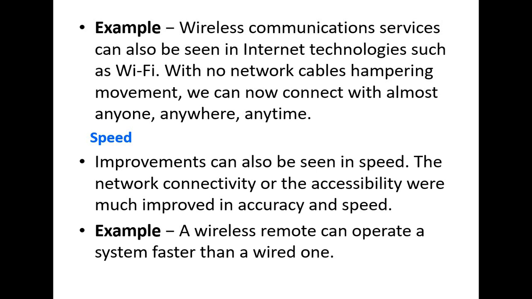A very frequently used example is Wi-Fi. Without the need of any cables or wires, we can have access with much speed. So speed is another important factor here. The network connectivity and accessibility will be very fast, so we can have a remote wireless system with much speed.